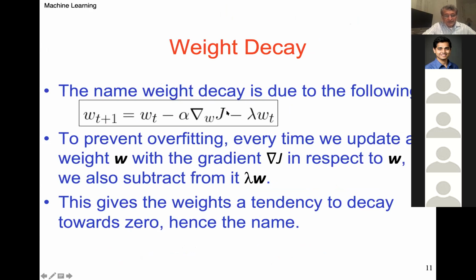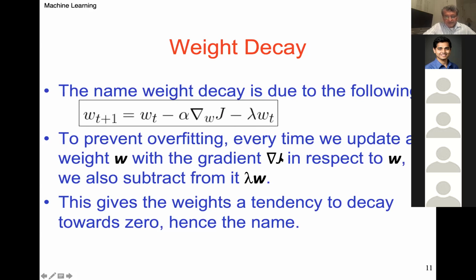The name weight decay is due to the following: W at t plus 1 equals W at t minus alpha times the derivative of J, and this is how it is expressed, with a lambda going with the weight also, because of the form we just saw of the cross entropy.